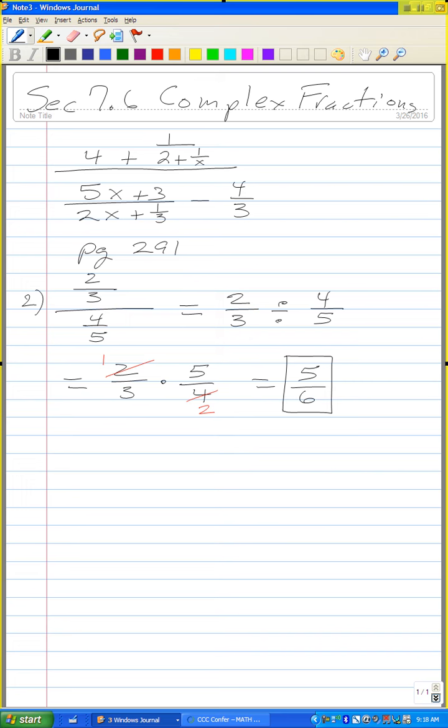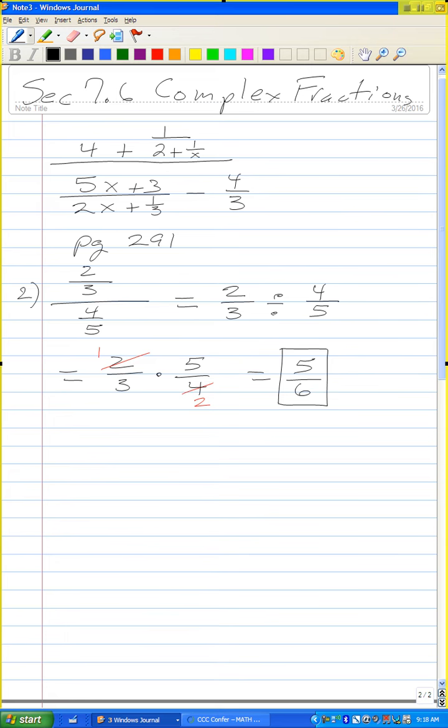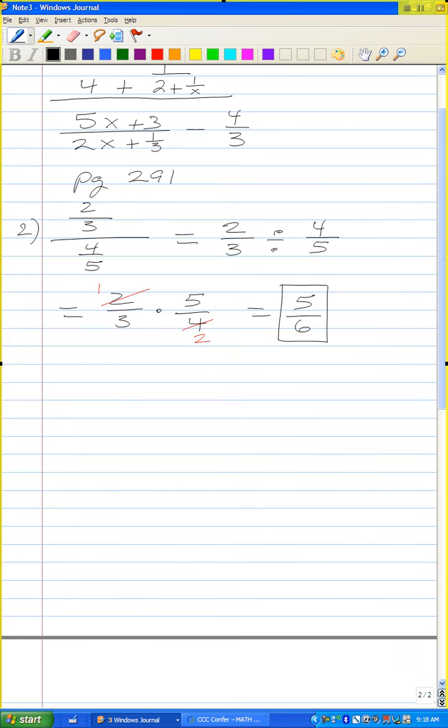Let me do problem number 6. And so, well, actually, let me do problem number 8. Negative 3 fourths over 3 eighths.